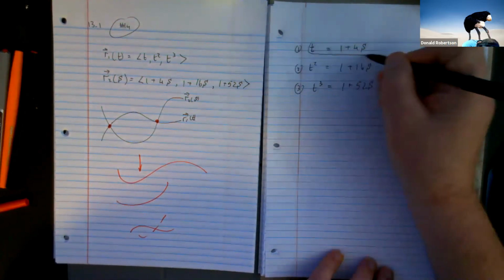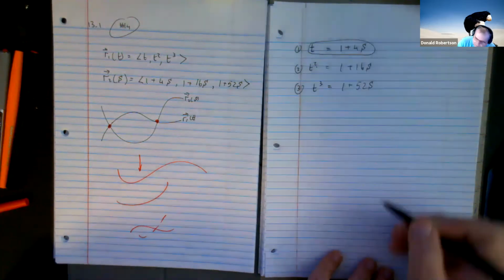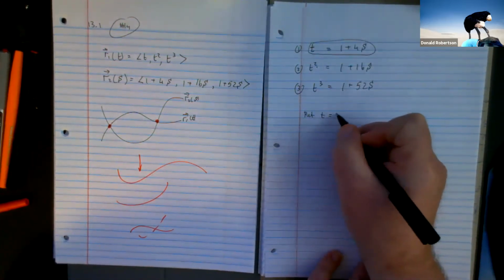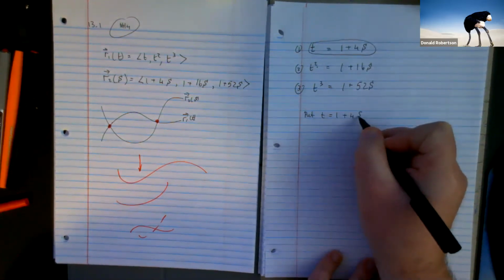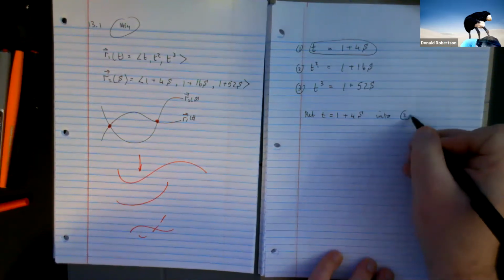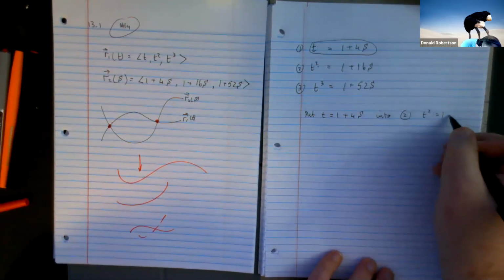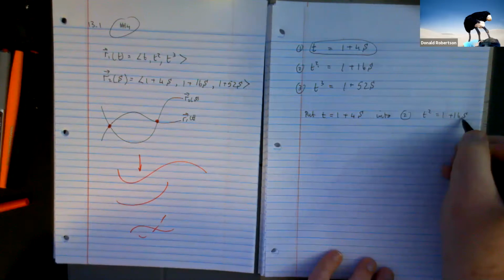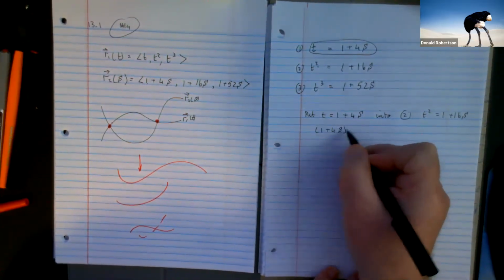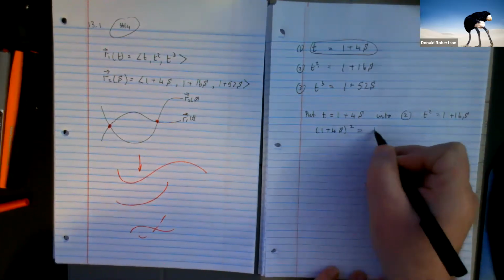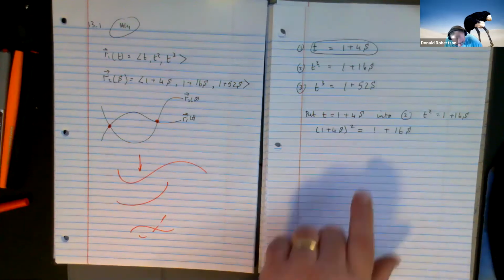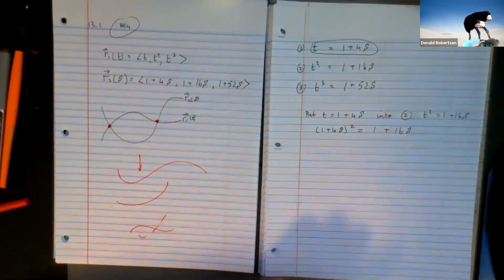Can't I use this guy and substitute him in here? So I'm going to put that t equals 1 plus 4s into equation 2, which is this one. So that gives me (1 plus 4s) squared equals 1 plus 16s. And so I've reduced an equation with two variables into one with only a single.